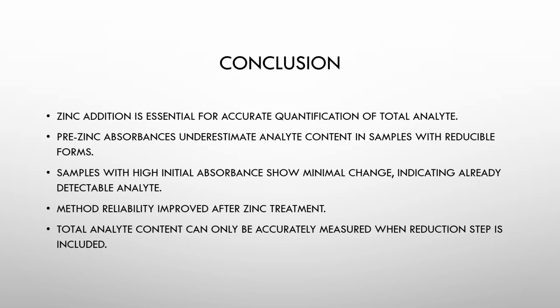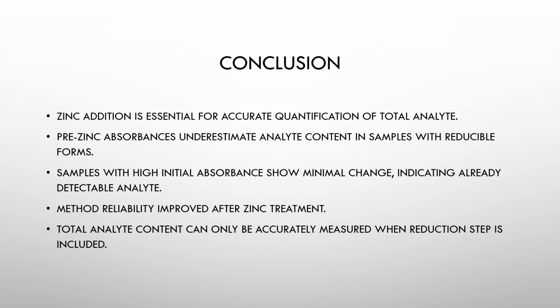And my conclusions: the addition of zinc powder significantly increased the mean absorbance of all samples, confirming its role as a reducing agent in converting undetectable analyte species into detectable forms. The initial variation in absorbance reflects differences in the chemical form of the analyte across samples.